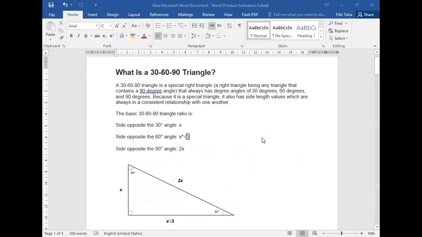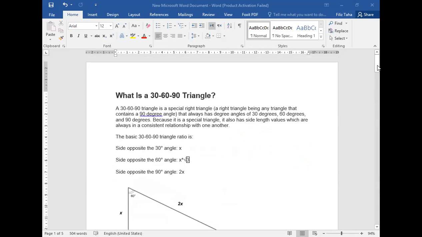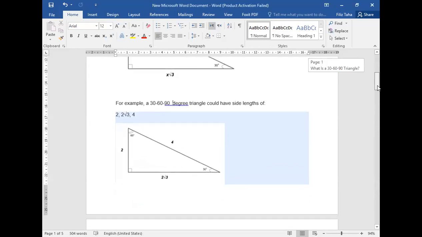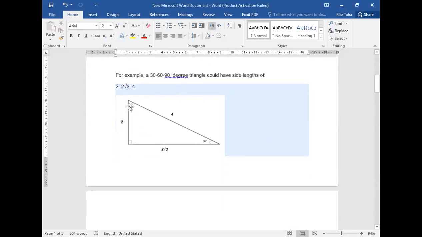So with 30, 60, if I give you a question like this, if the first side is 2, the hypotenuse will be 4 because we will multiply 2 by 2. And then I want to find the third side. If you want to use the Pythagorean theorem to find the third side, you are going to say that you are looking for c.